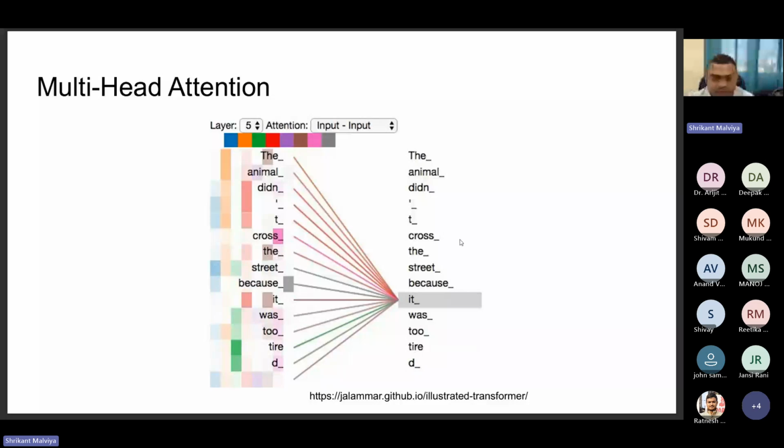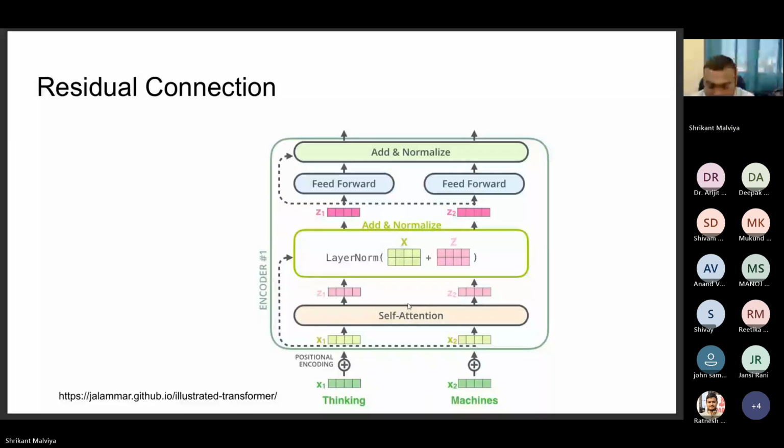So that's how the multi-head attention works, because it finds the vectors by each and every head, and then concatenates them to get the final represented information. So finally, the residual connection.